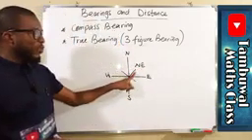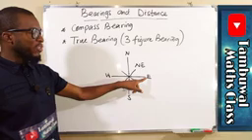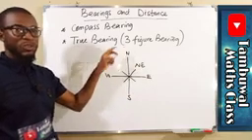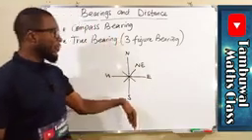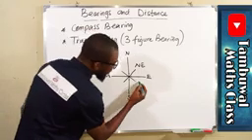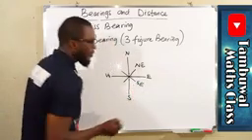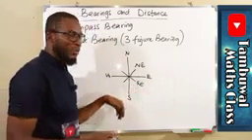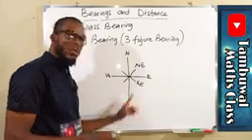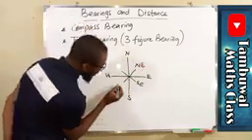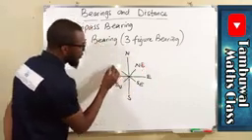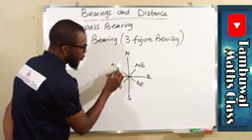The direction of this point is northeast. We don't say east-north, because we measure from the north or from the south. This is southeast. We don't say east-south, because we either measure from the south or from the north. This is southwest. This is northwest.